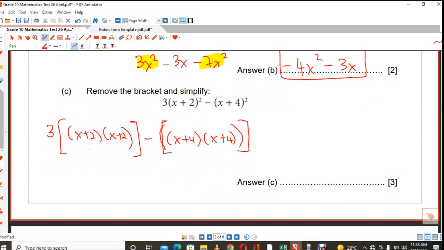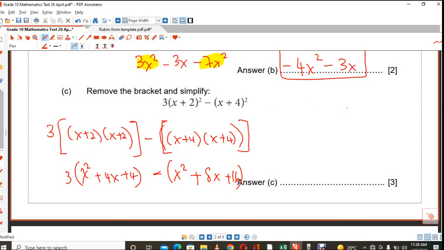If you multiply everything in this bracket, you'll get x squared plus 8x plus 16. Please do that on the side so you can arrive at the same answer as I do.